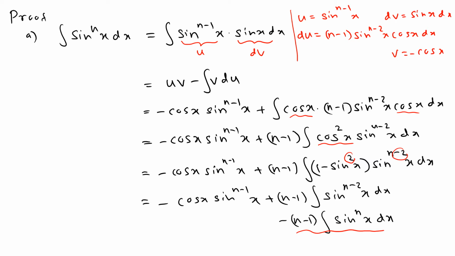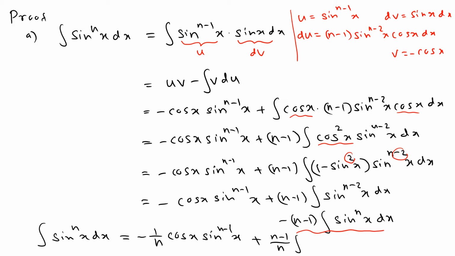So you finally get the integral of sine^n x dx equals negative 1 over n, because you divide, cosine x sine^(n-1) x, plus (n-1) over n, that's the term you're dividing, times the integral of sine^(n-2) x dx.